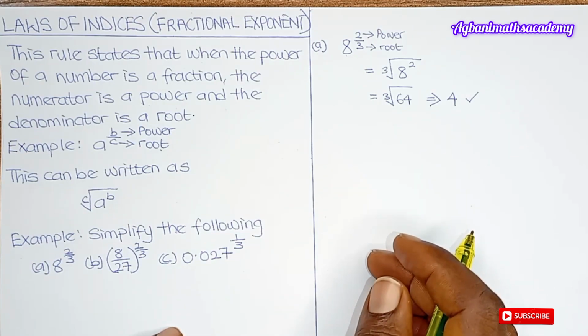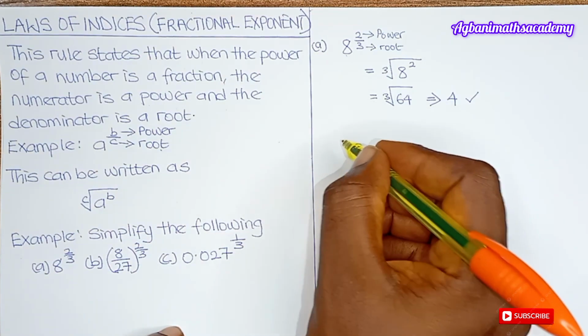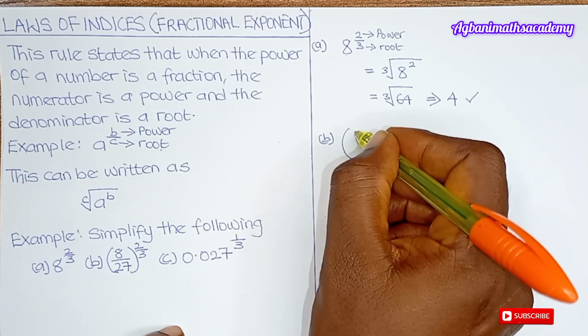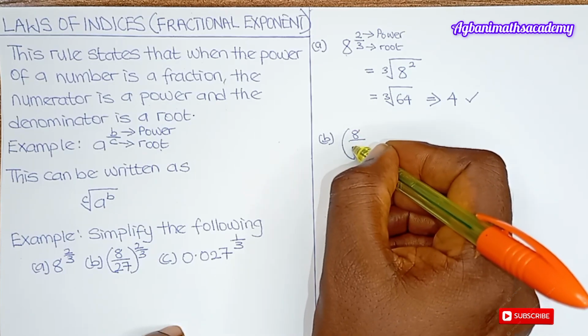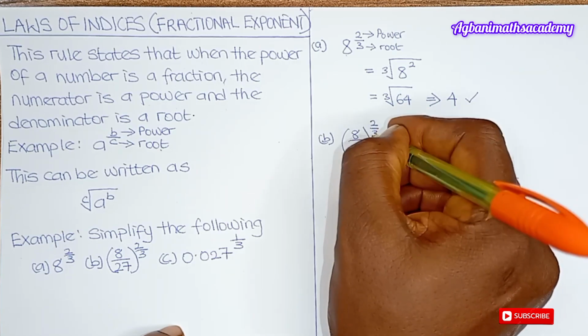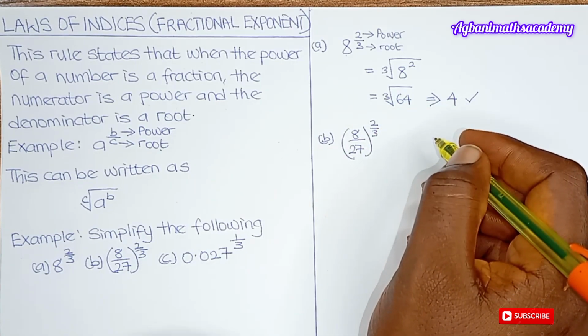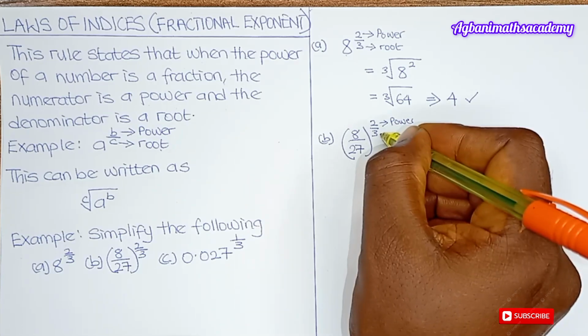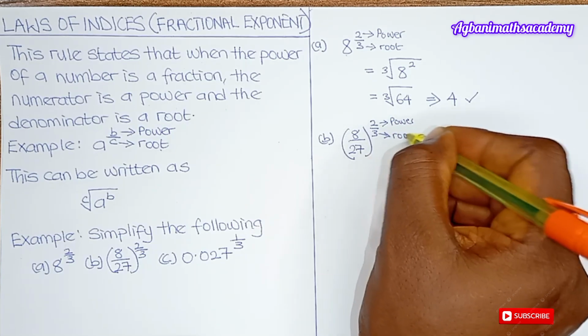Okay, so let's go to the second question. B, we have 8 over 27 to the power of 2 all over 3. Following the same process, we know that 2 is our power and 3 is our root.